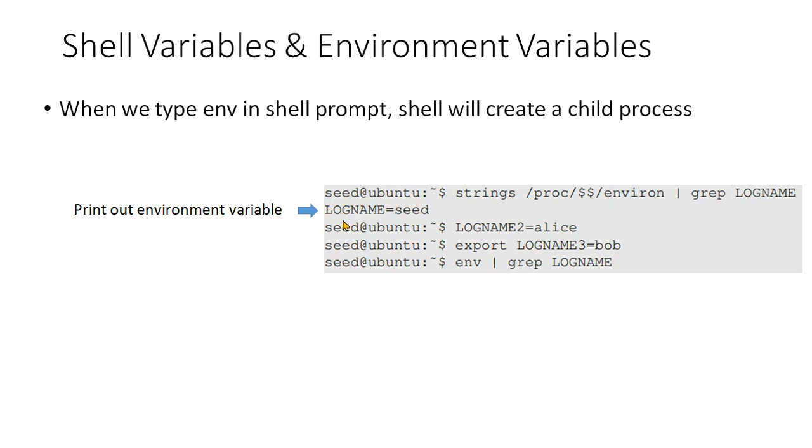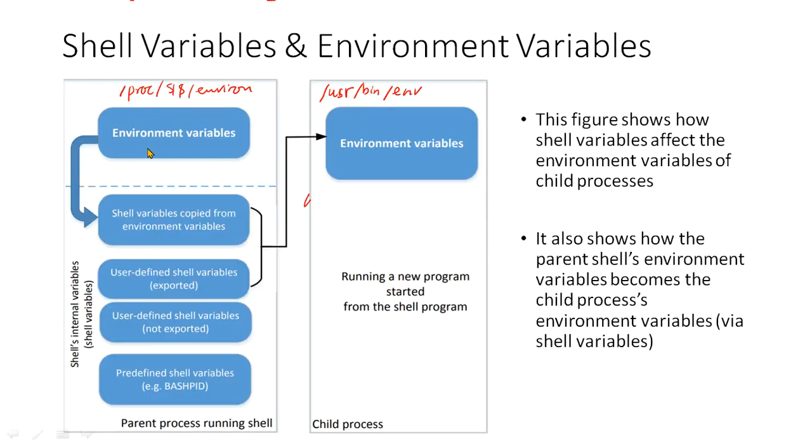The environment variables of the parent are copied into the shell variables of the process, and all of this is copied to be the environment variables of the child process. So if it appears in the parent environment variables, it is also copied to the child.